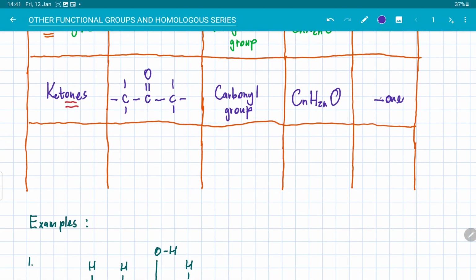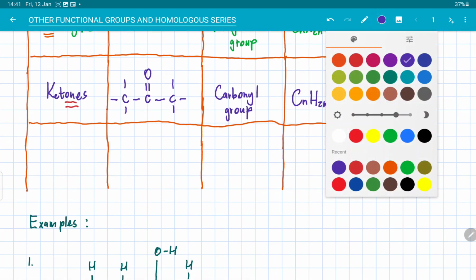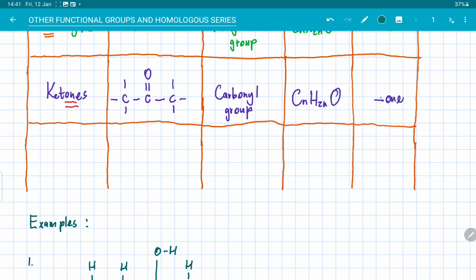And then the last one for the time being, because we also have the other one which I'm not going to add here because I don't want to complicate things thus far. Anyhow, it's going to be carboxylic acids. Yeah, carboxylic acids.